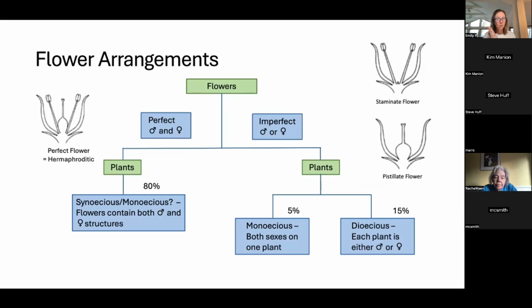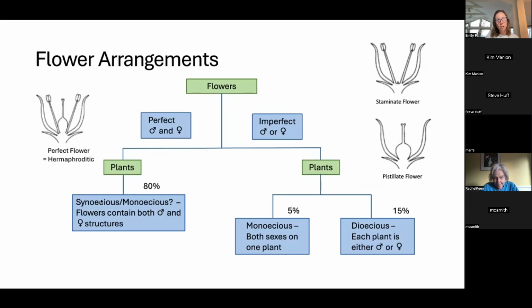And I recently took a course where that is what monoecious means, and I didn't know that. Which then means that we have an unknown word that we should be using for something like that tulip flower that we just saw, because it has both male and female parts all in the same flower.